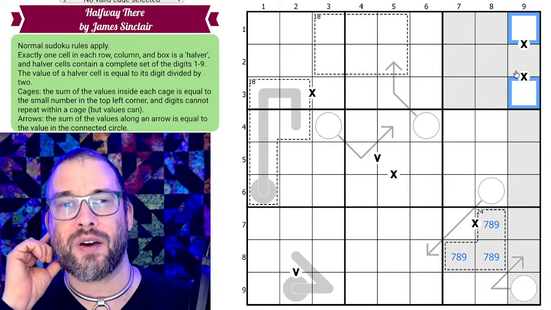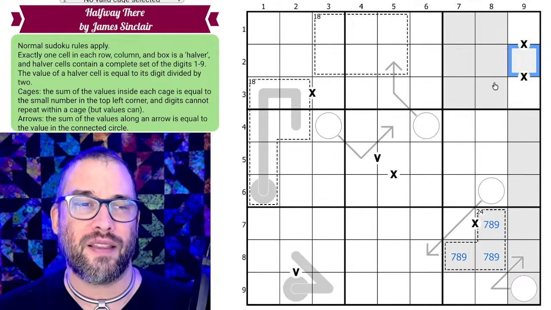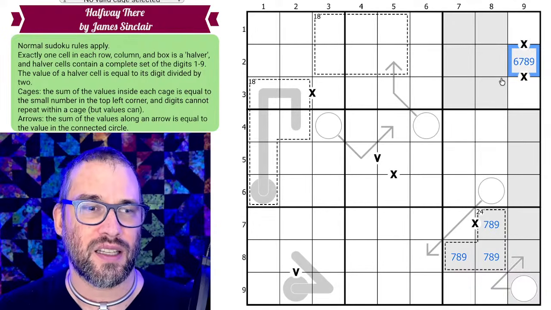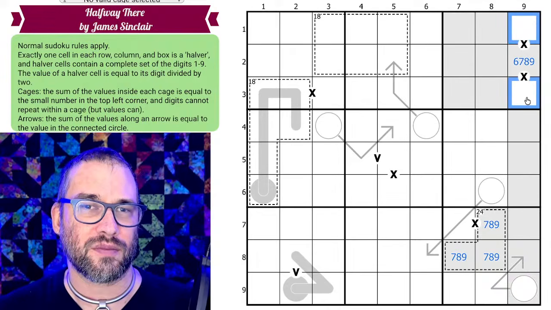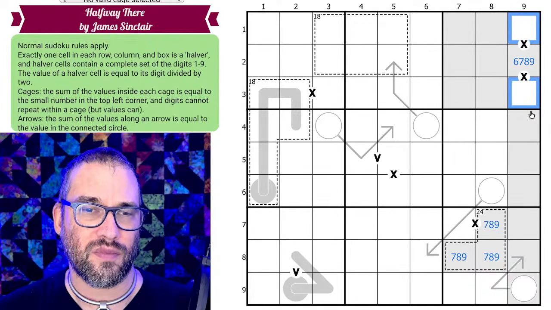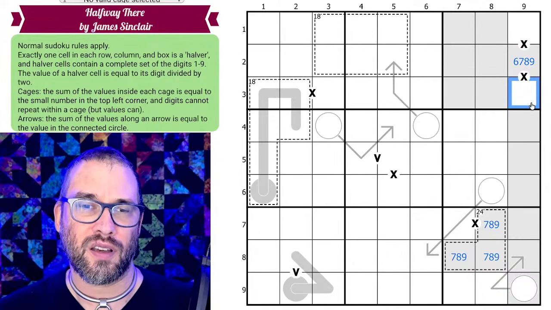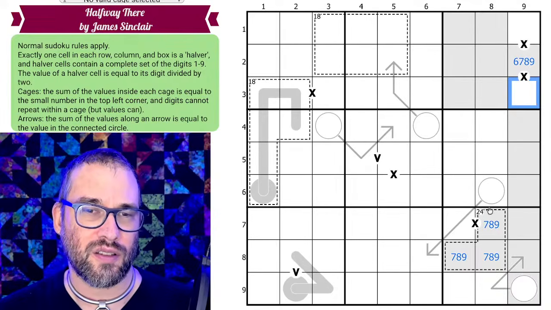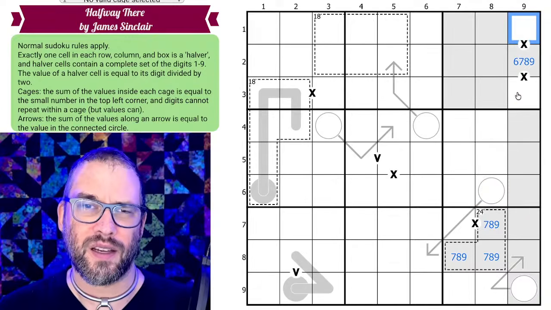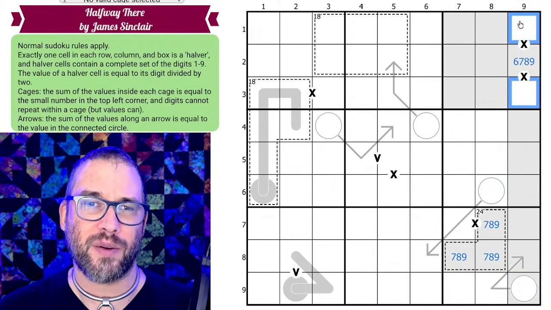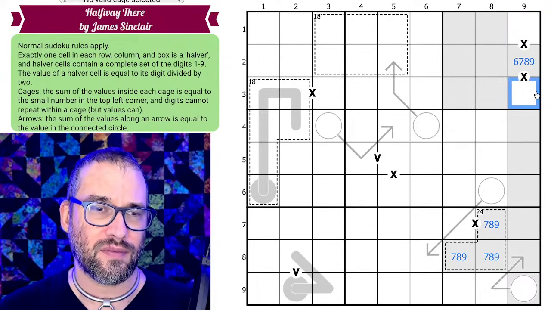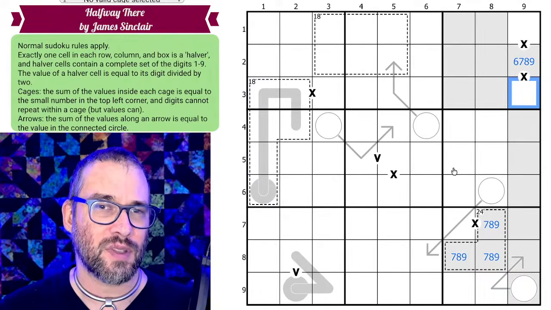Okay, and so this has to be high. And one of these is low, and the other one is double that, but halved.